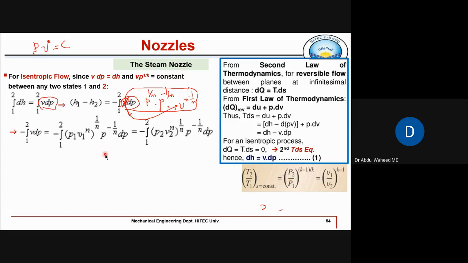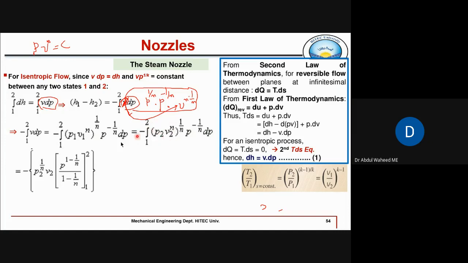Right, so far. Because this PV to the power n is equal to a constant. Okay. So this is a constant. You write it separately, and integrate the rest. That is the variable here: P to the power minus 1 over n into dP. That is a constant.